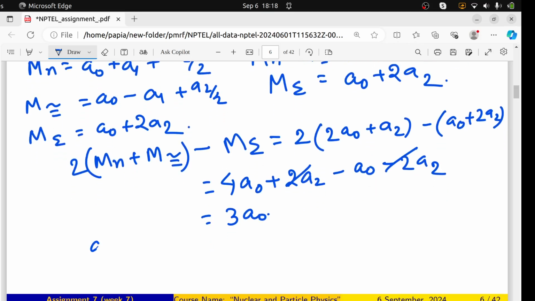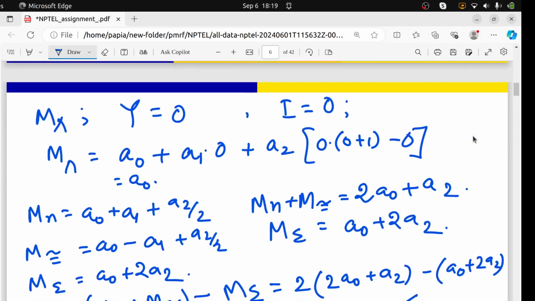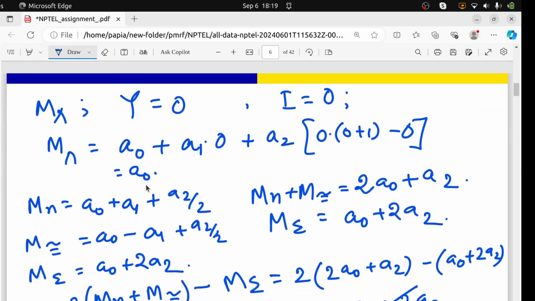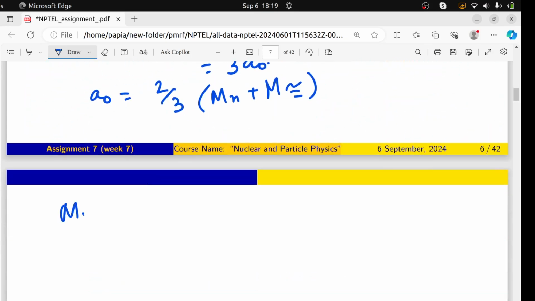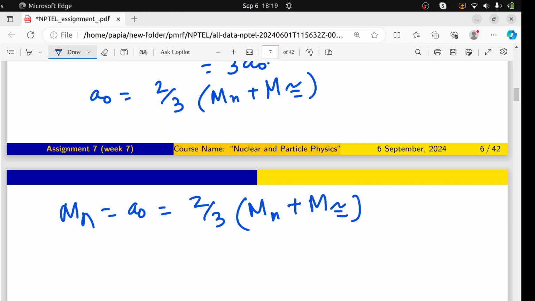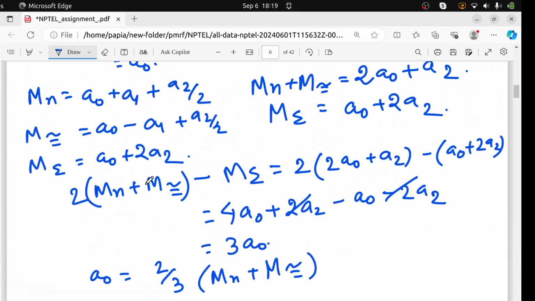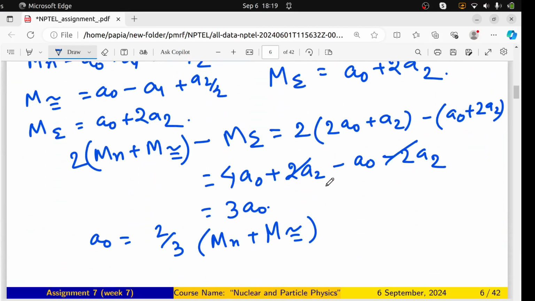Now we can have A0 is like 2 by 3 Mn plus M cascade, right? And you can see M lambda was simply A0. So M lambda equals A0, which is again equal to 2 by 3 Mn plus M cascade. Oh, sorry, here will be something minus M sigma.